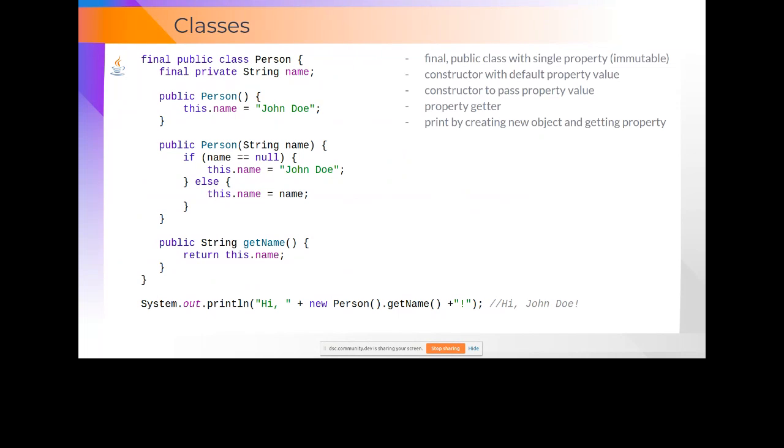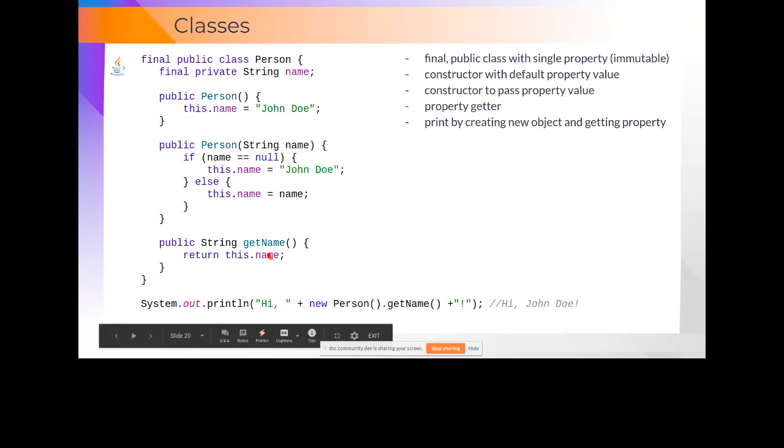And finally, we have classes. Of course, with classes we can hold data and state, and this is how you would write a class in Java. So we have a person class here. It has a name property, and because it's private, we need a getter to get the value.